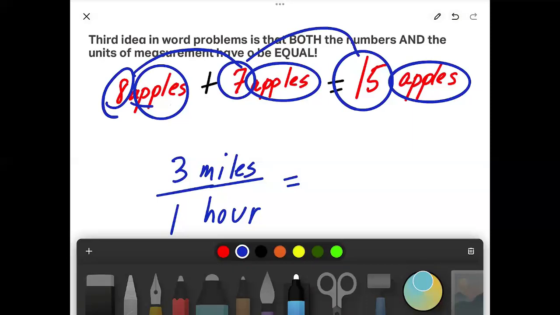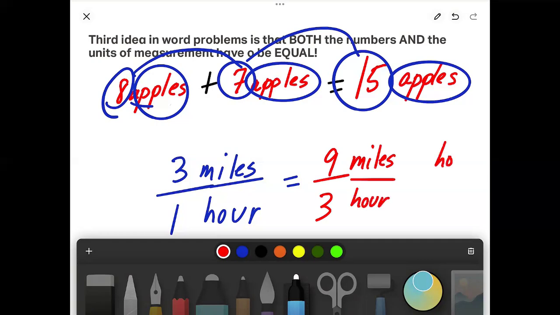Now, if I looked at this last one, I could write something like this, 9 over 3, because 3 over 1 is 3. 9 divided by 3 is 3. But I also know that the units have to be miles on the top and hours on the bottom. I can't say 9 hours over 3 miles.